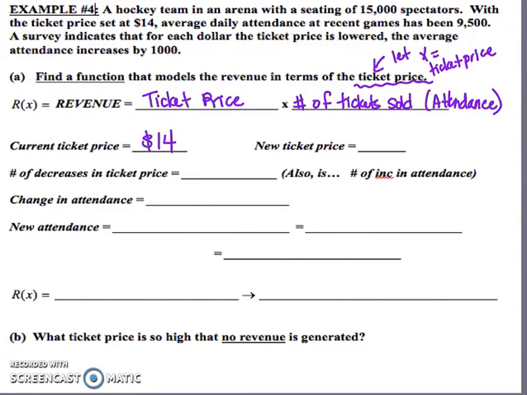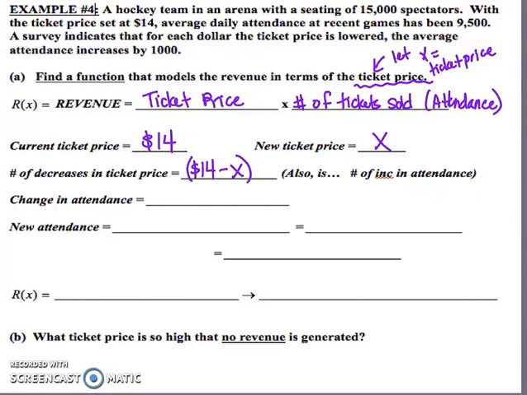So we're going to let our new ticket price, we already said, be X, okay? So the number of decreases in the ticket price would be equal to our current price, $14, minus our new price, which is X. And also, this is going to be the number of increases in attendance.